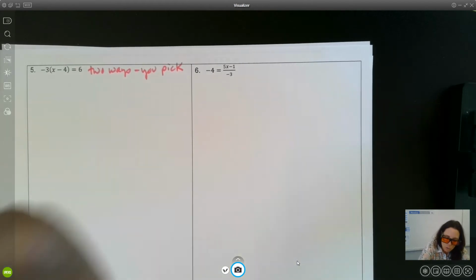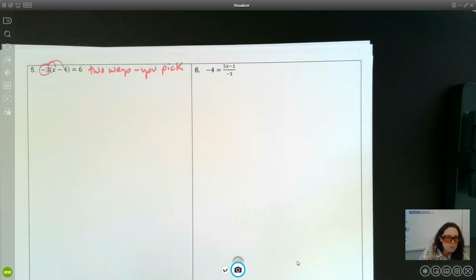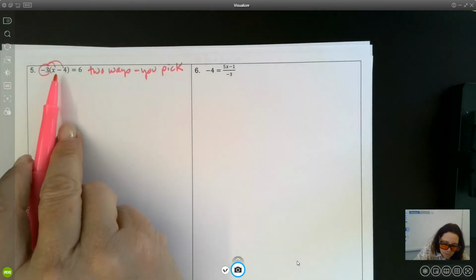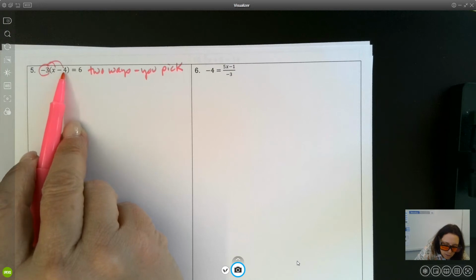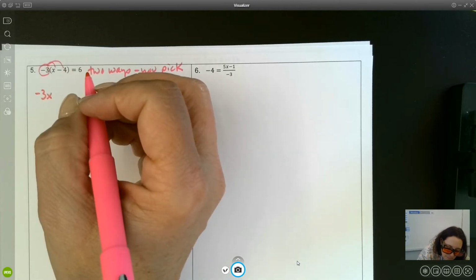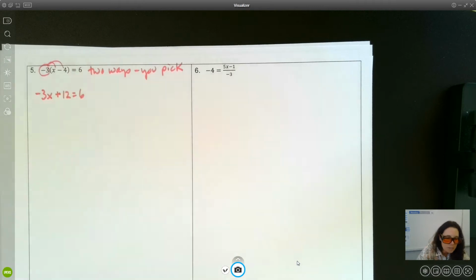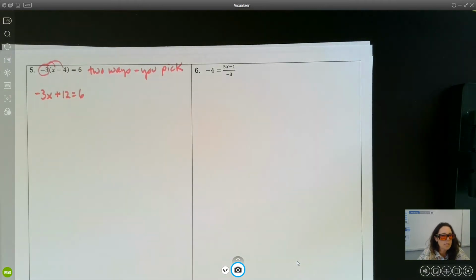The tried and true way would be this negative 3 distributes in. Now please remember this is plus a negative 4. So that would be negative 3x plus 12 equals 6.